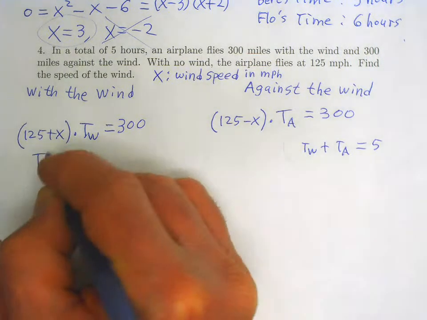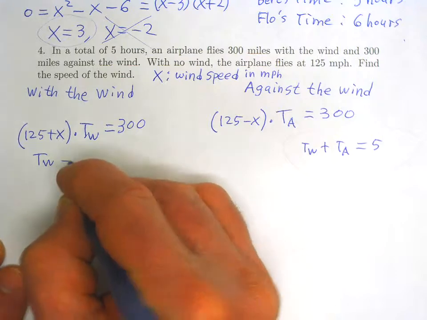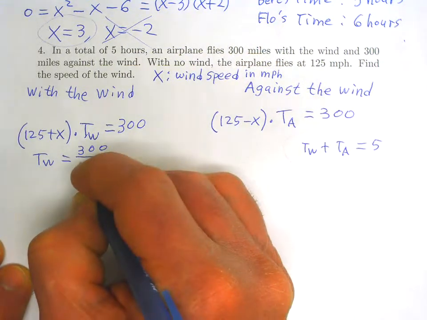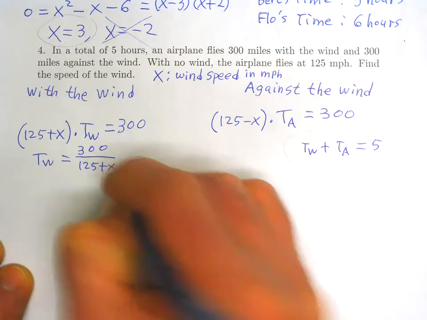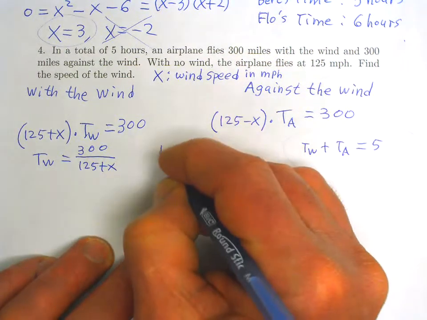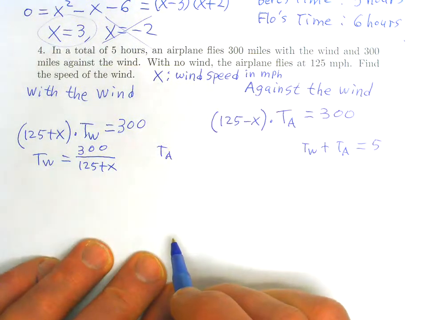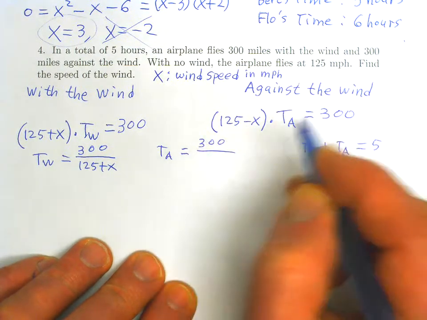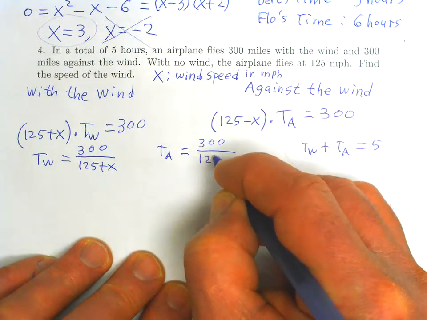So the time it takes to fly 300 miles with the wind is distance divided by rate, 300 divided by 125 plus x. And the amount of time it takes to fly 300 miles against the wind is distance divided by rate, 300 divided by 125 minus x.